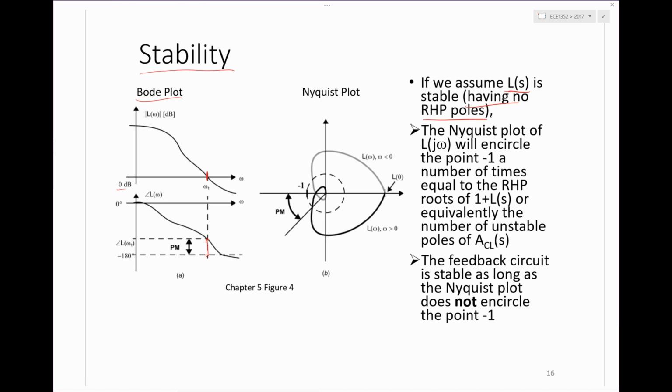Therefore, the number of encirclements we get has more to do with the number of zeros in L. That seems a little strange, but we're going to turn those zeros into poles in the closed loop response. But the key point is that when we count those encirclements, we're assuming there are no right half plane poles in the original L, which means that the open loop response L is stable to begin with.